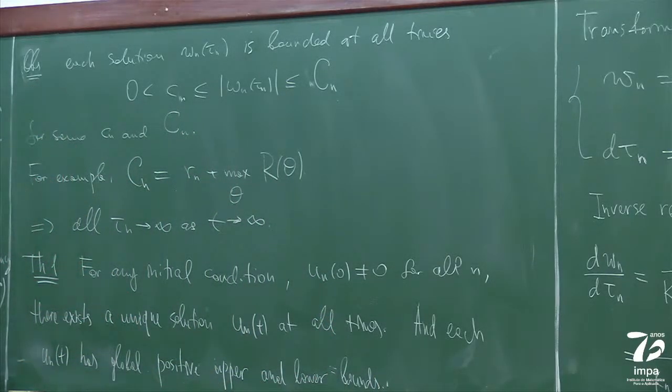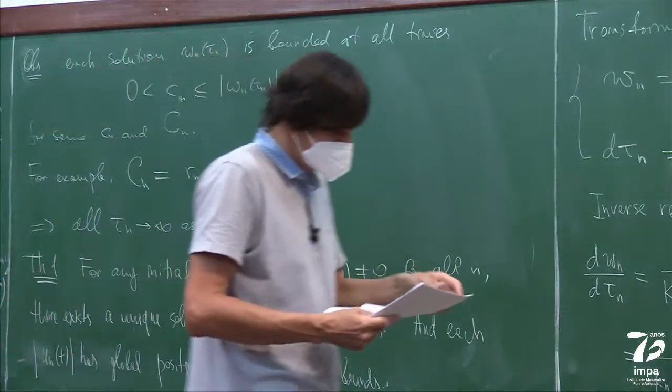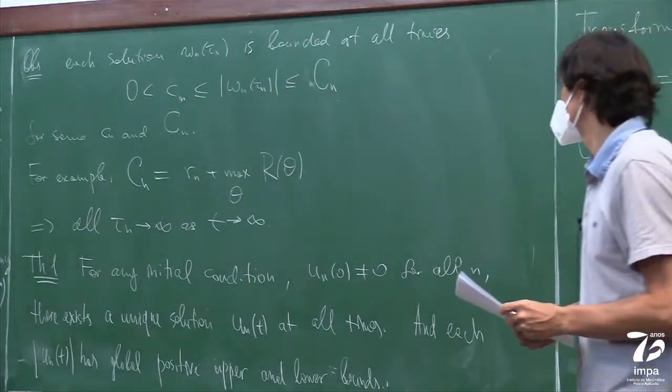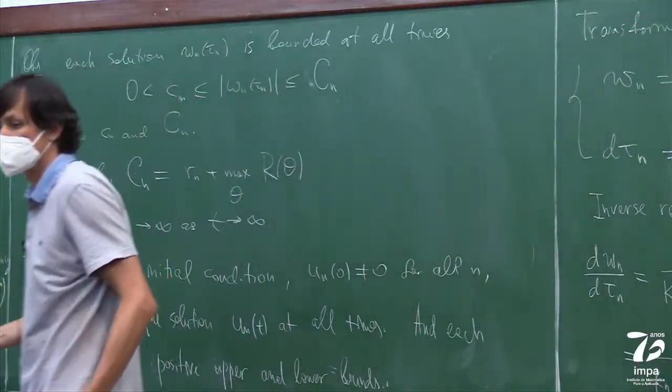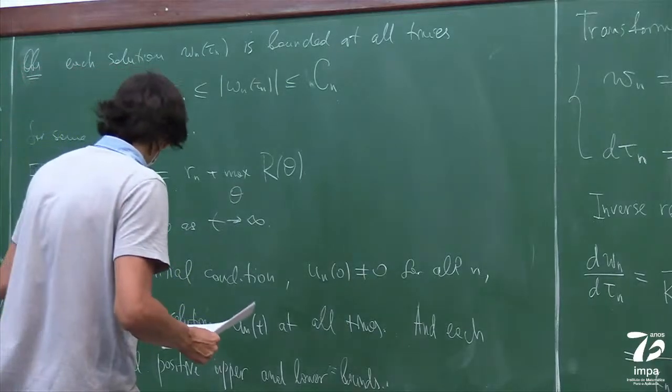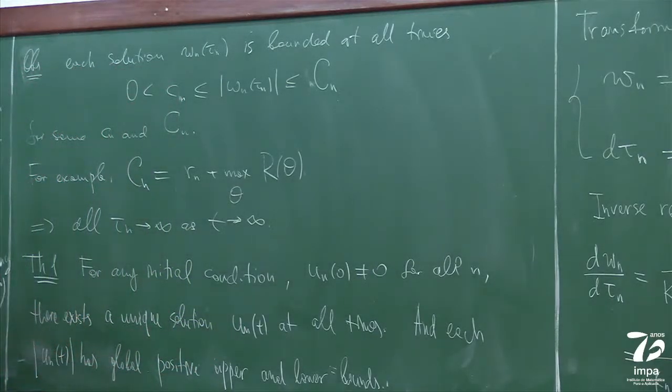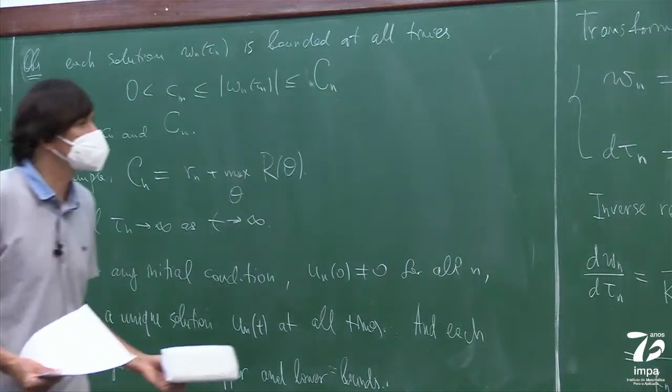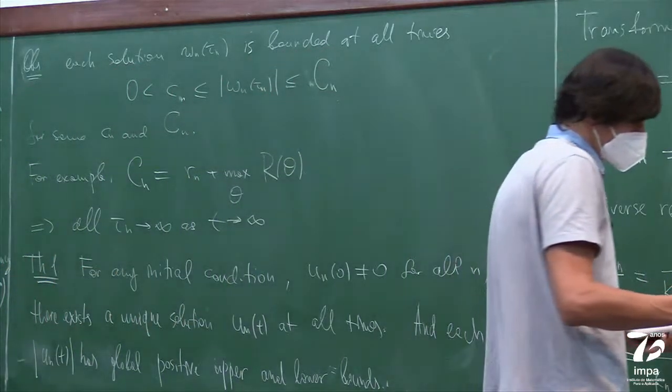So the solution is defined for all times, and each of them is bounded by absolute value. So each un just oscillates without passing through 0, but it's okay because it's complex, so it doesn't have to pass through 0. And defined everywhere. So this is the first part, at least, which tells us that the solution is defined for all time. So we can now compute structure functions. And let's do this.